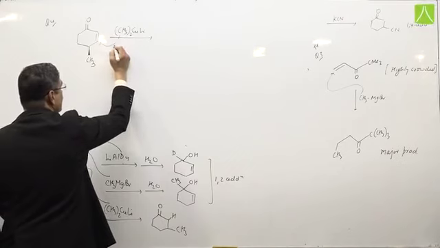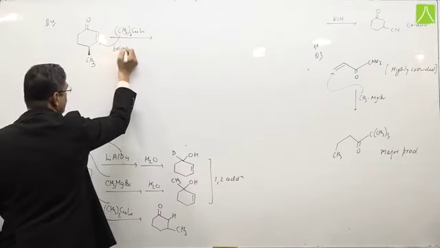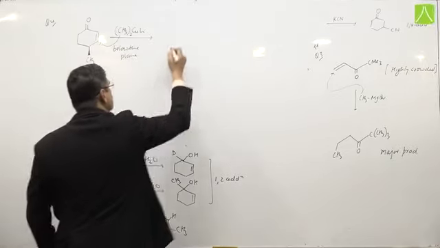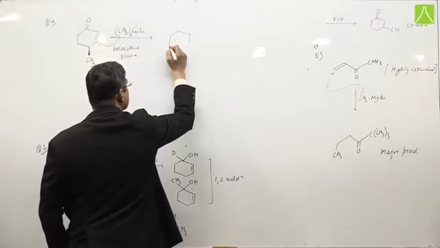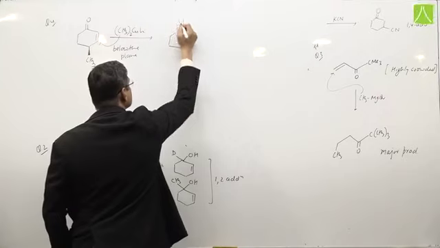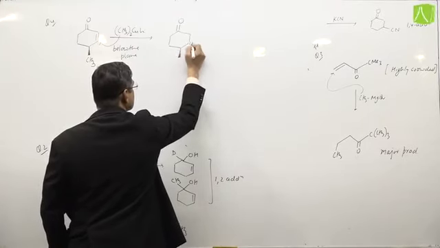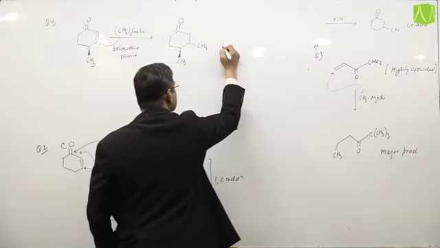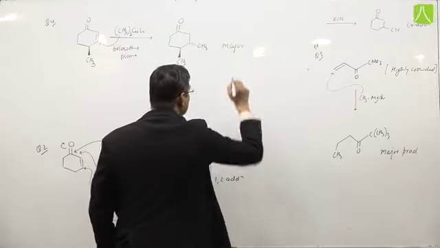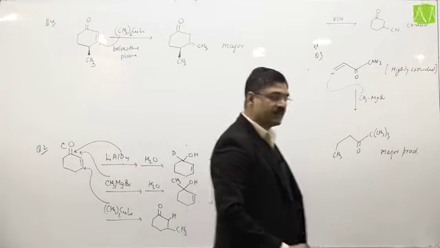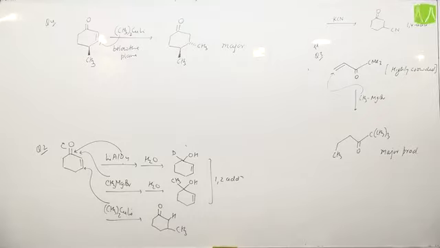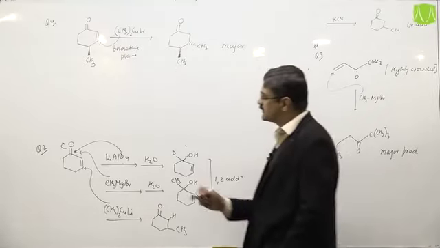So it attacks from below the plane. So that's why trans isomer is obtained. So this product is major. So crowding effect is again dominating effect in 1,4 addition reaction.